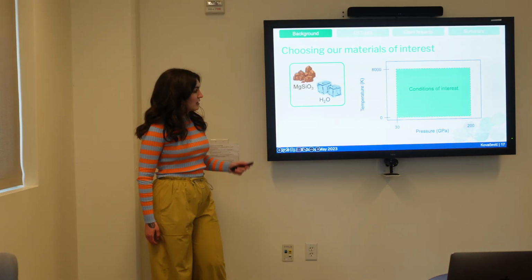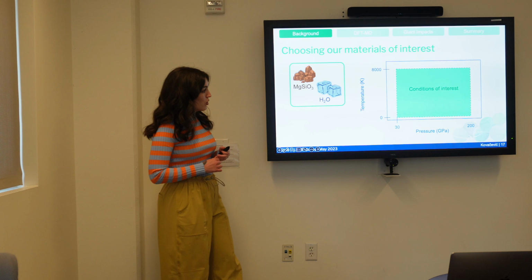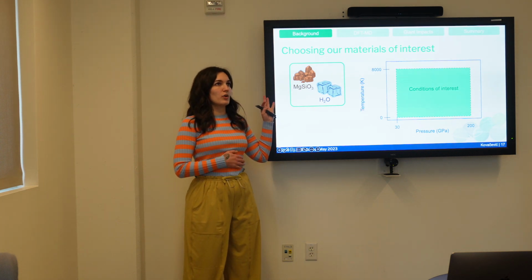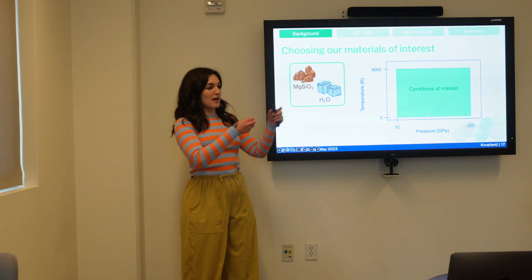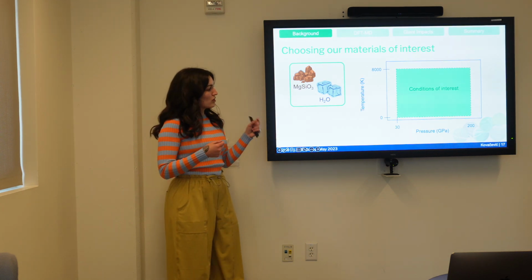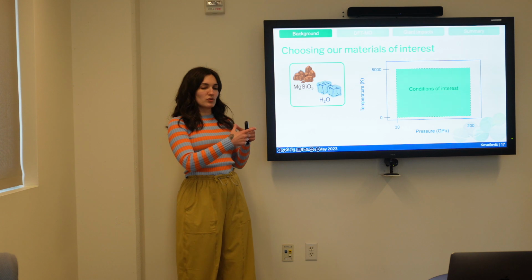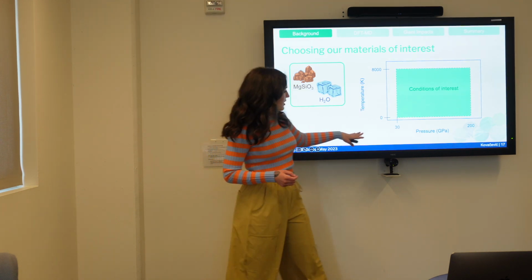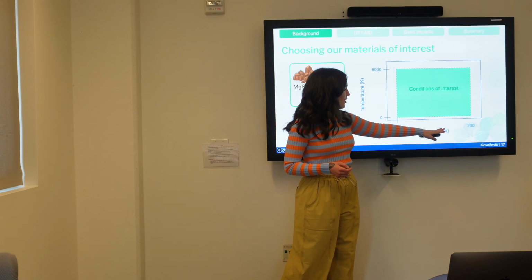And then these are going to be the conditions I'm interested in. So we looked at that paper that I showed earlier with Fulton, where we have that bimodal distribution. We looked at planets that ranged in those mass and radius sizes, and we found our conditions of interest were going to be pressures of 30 to 200 GPa.